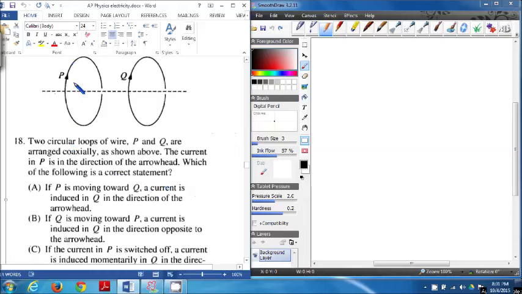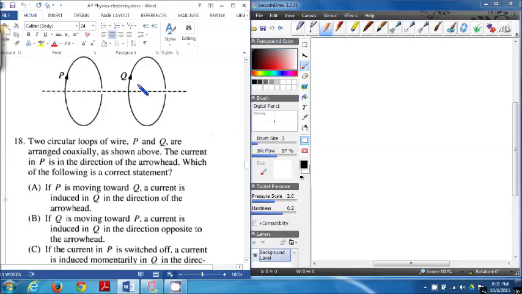Now if P is moving towards Q, this will create a magnetic field. Applying the right hand rule again, it will create a magnetic field in this direction.